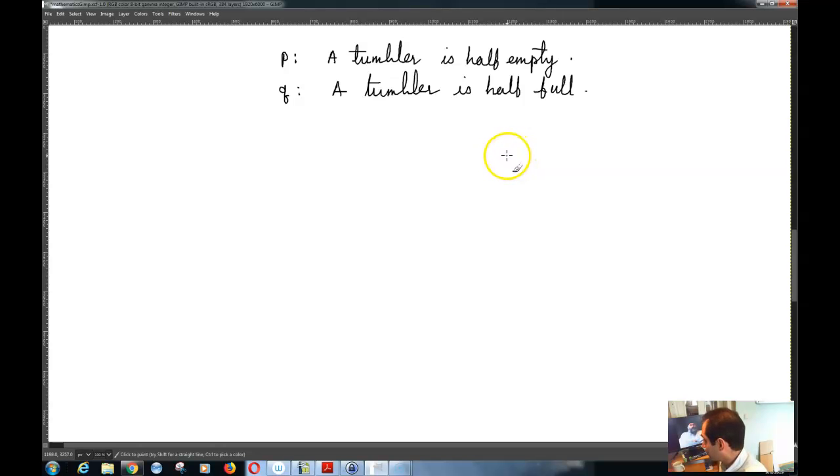And we know that if the first statement happens, if P happens, then the second statement happens, and also if the second statement happens, then the first statement happens.